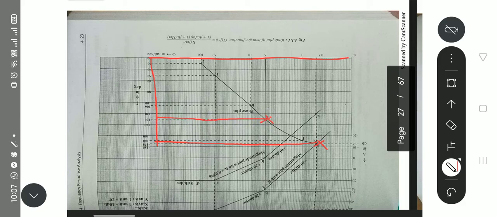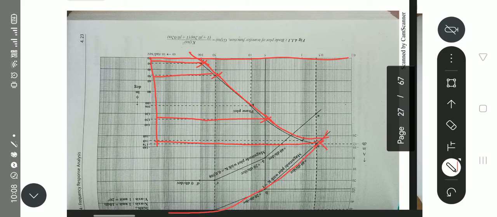Next, 50 is 50 only, so I am representing it here. Next, 100 is 30. The phase value is 30. So this is the phase, and this is the magnitude.